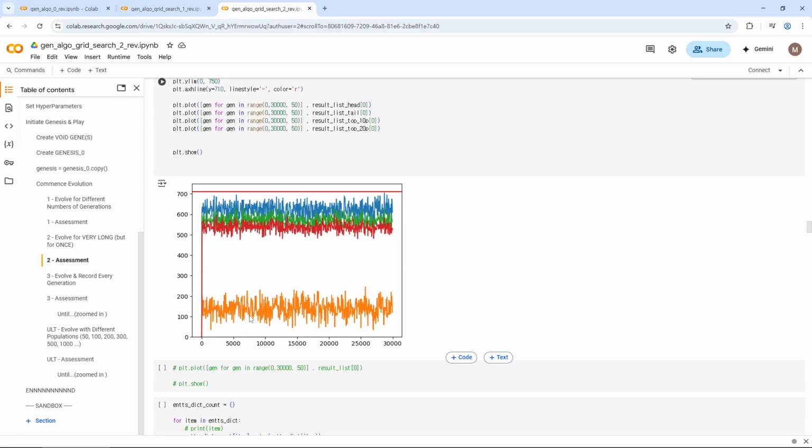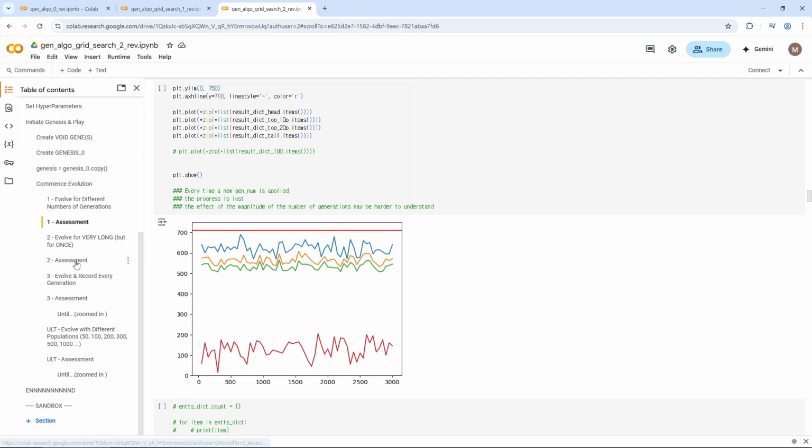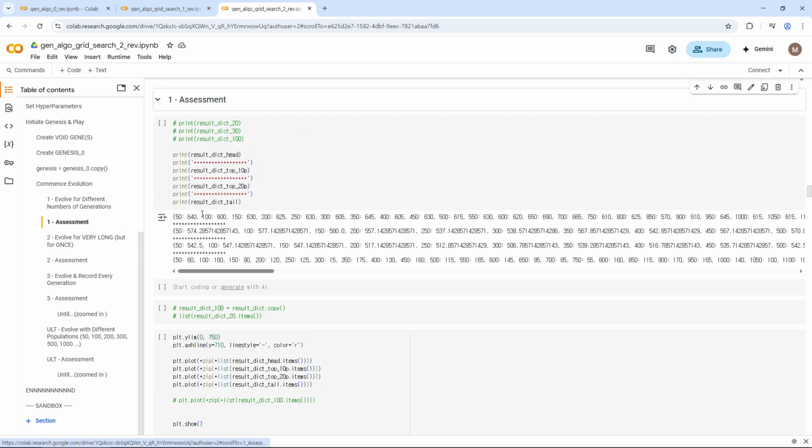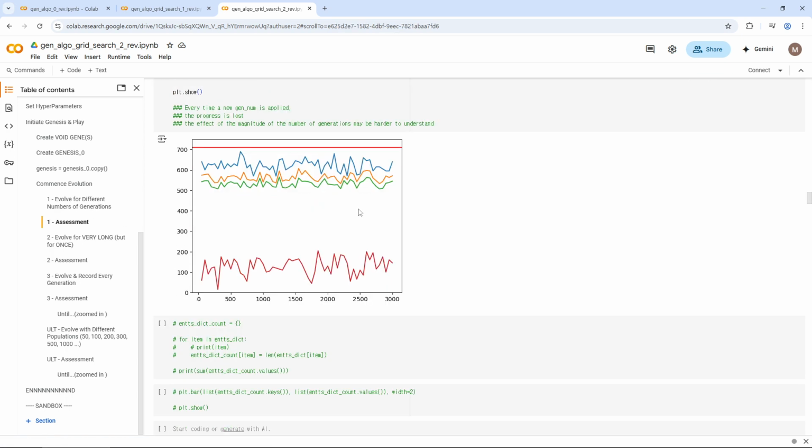It's a very similar impact to what we saw in step 1 and step 2. Even when we evolve it for a very long time in one go, we see the same behavior as from evolving it multiple times for different numbers of generations, one after the other, after resetting.